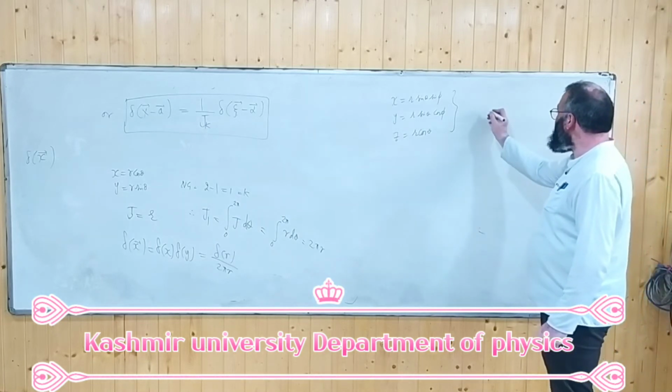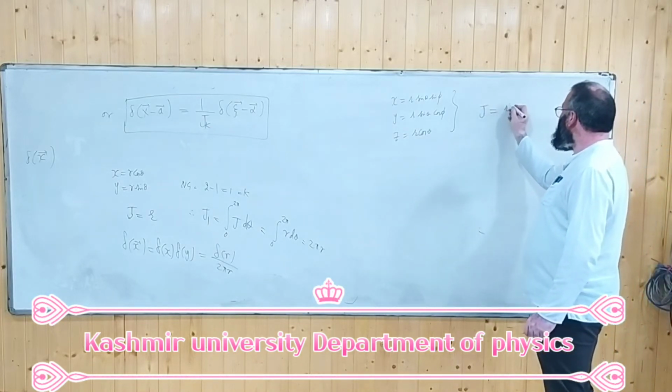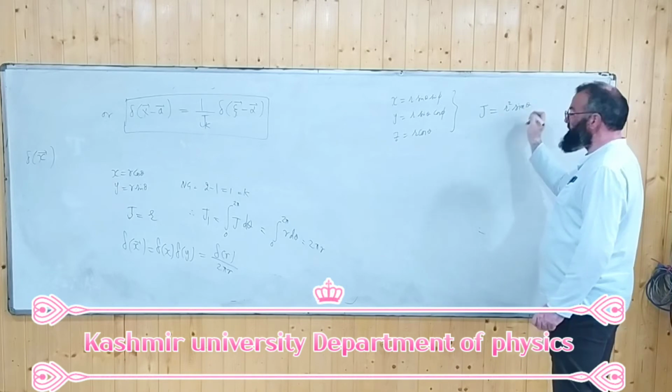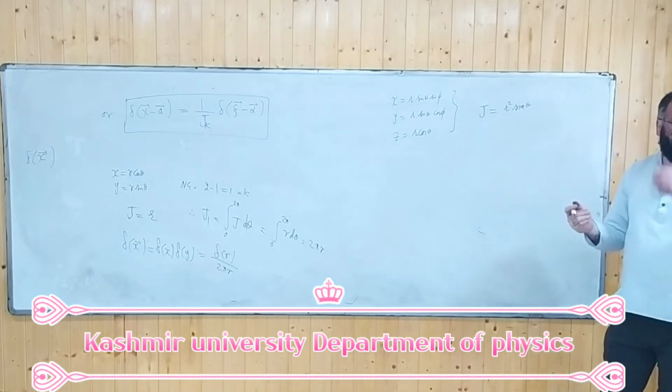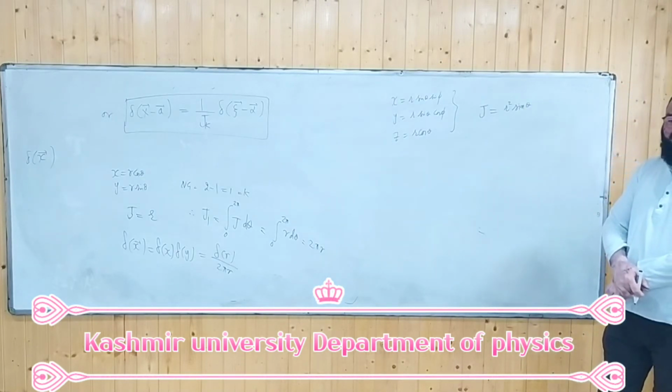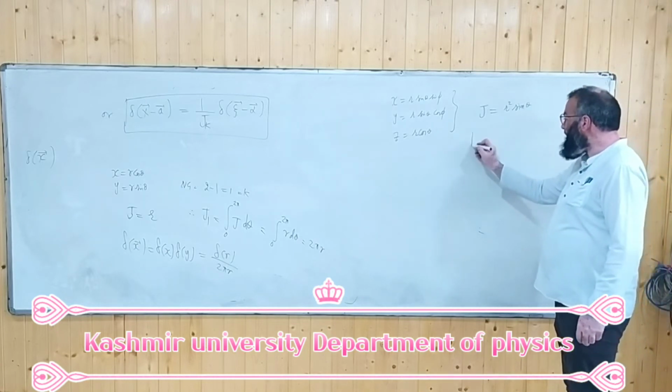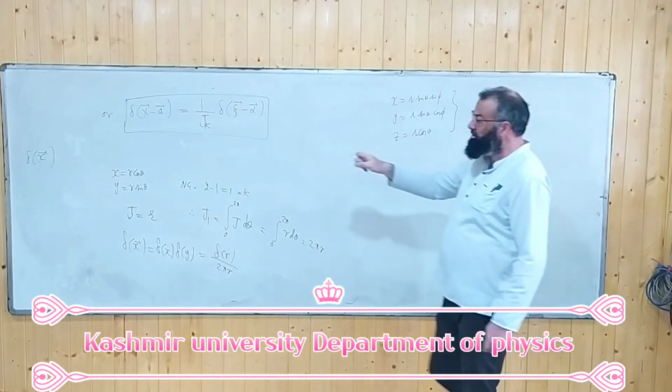What is the Jacobian of this transformation? It's simply R sine of theta. When you move from Cartesian to spherical polar coordinates, the Jacobian turns out to be this. Now I need to calculate K.